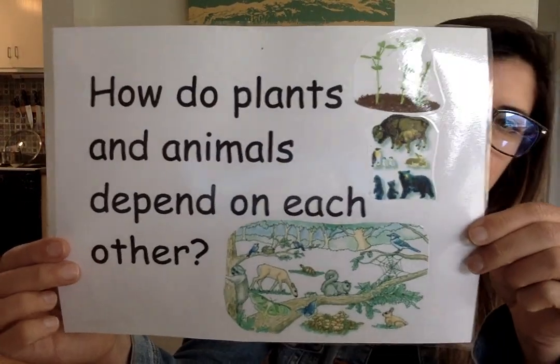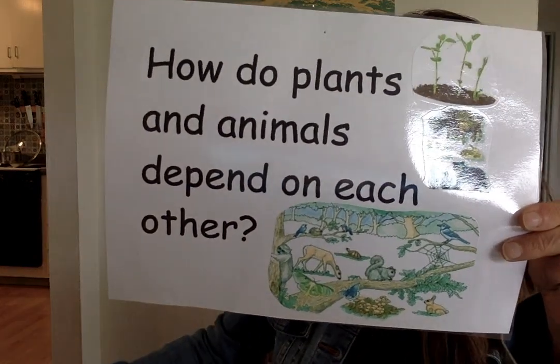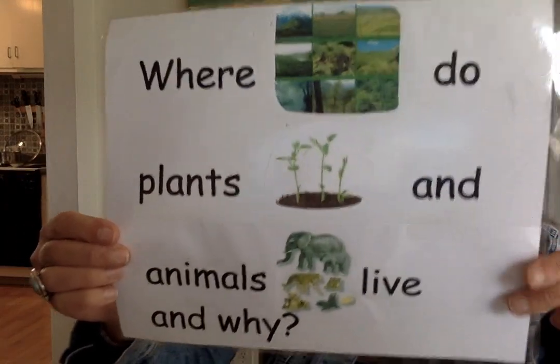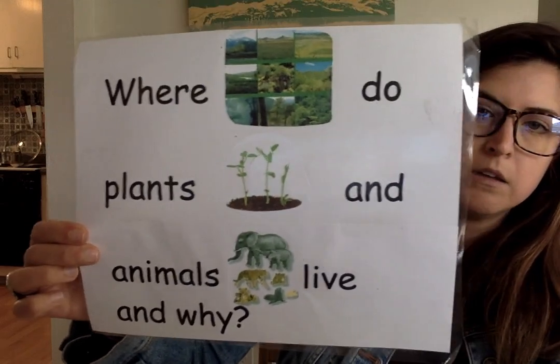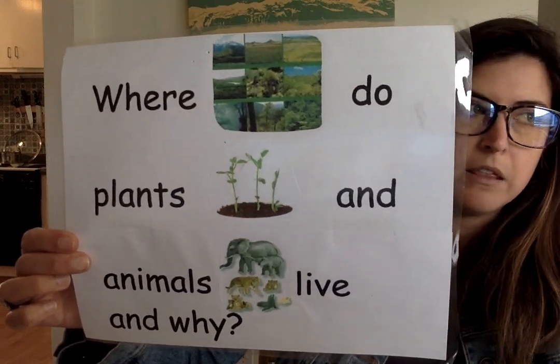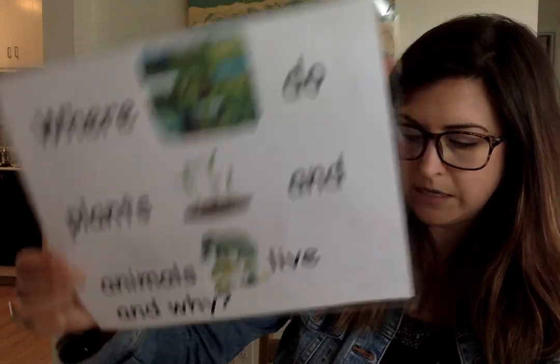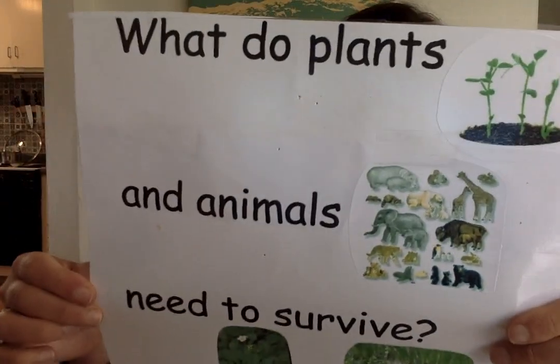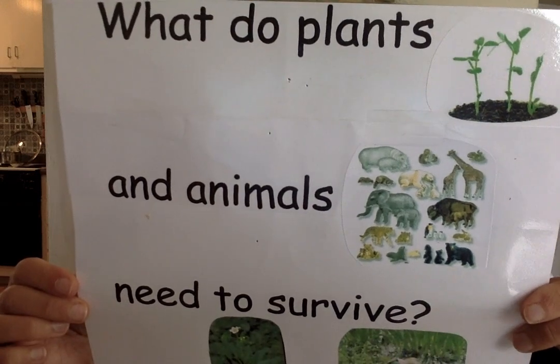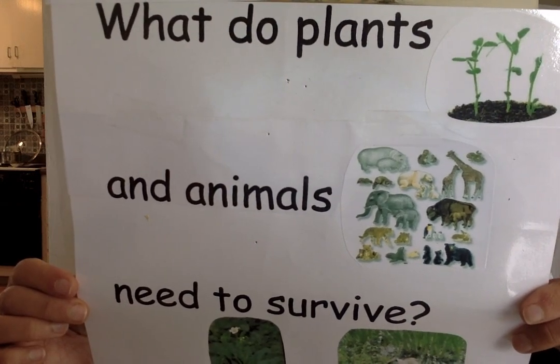They depend on each other to survive. We'll be thinking a lot about that. Where do plants and animals live and why? Why do they make their habitats in certain places? What do plants and animals need to survive? These are some big questions that we're going to be thinking about for the next couple of days.